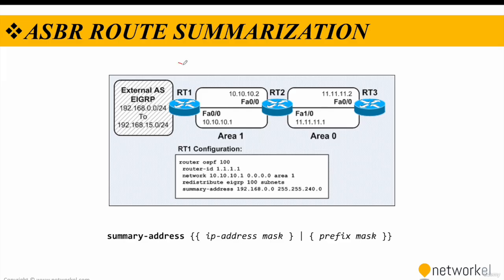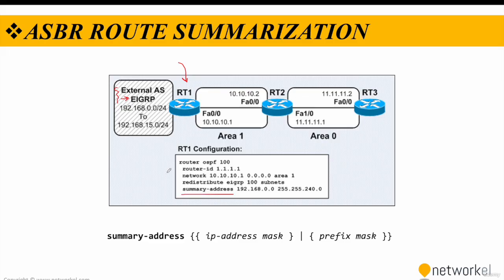In this example, I have my router 1 as an ASBR router because it is connected to an external routing domain, which is an EIGRP domain for this example. If you want to perform a route summarization with my ASBR, the command you need to use is the summary address.